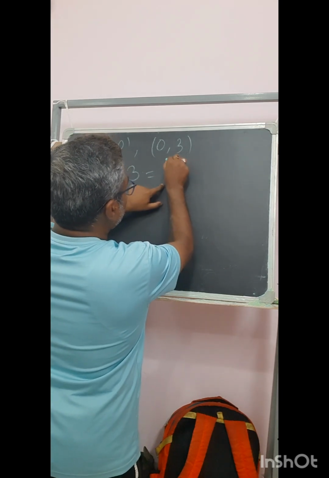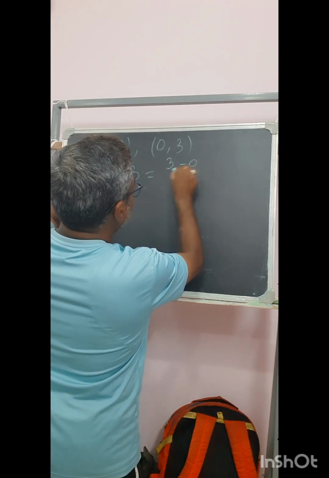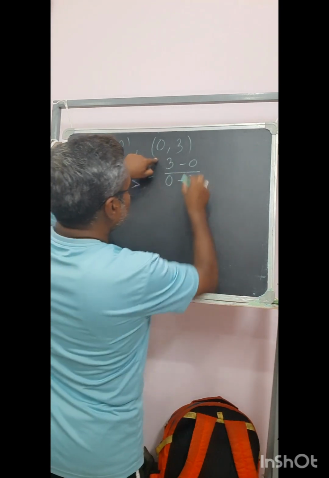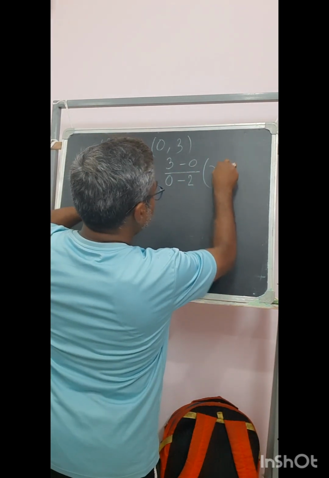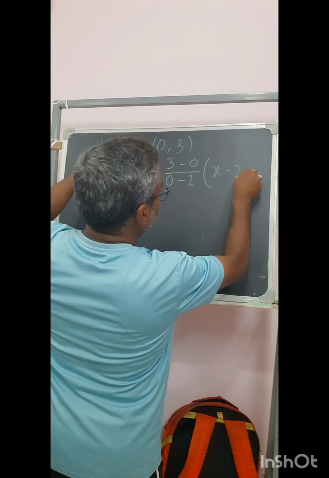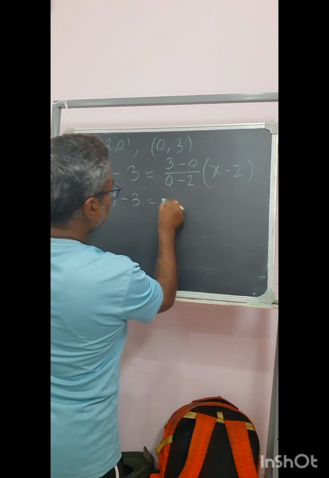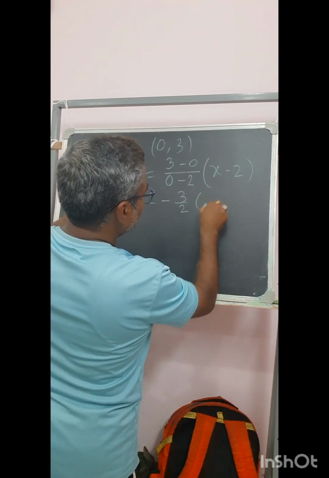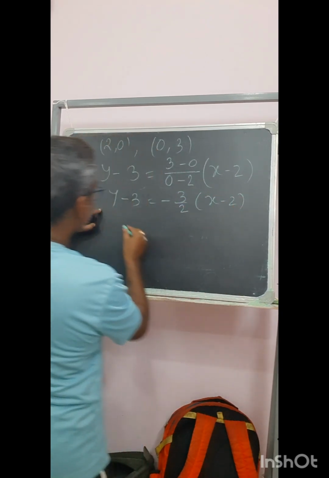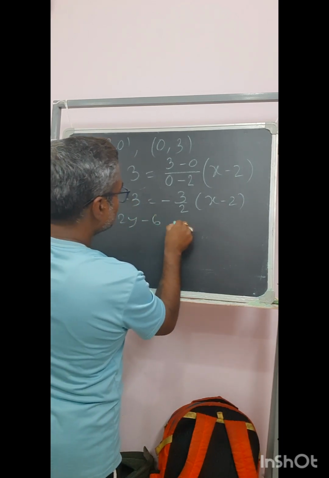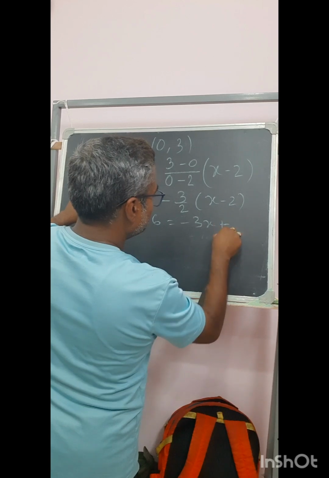That is y2 minus y1, which is 0, over x2 minus x1, which is 2, and here x minus x1 is equal to 2. So this will be a linear equation, and it will become minus 3 by 2 times x minus 2, or more simplifying, I will get 6.